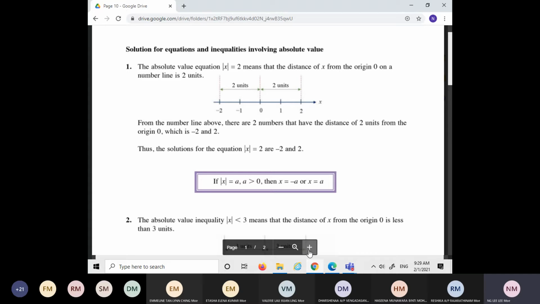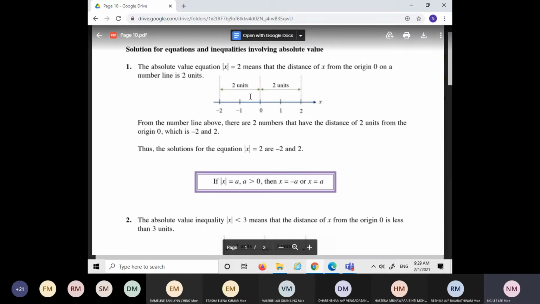Actually, this modulus, the absolute value, carries another meaning, which is magnitude or distance. So when you see modulus of x, it actually means the distance of x from the origin, which is 0. If this is equal to 2, then this is 2 units.